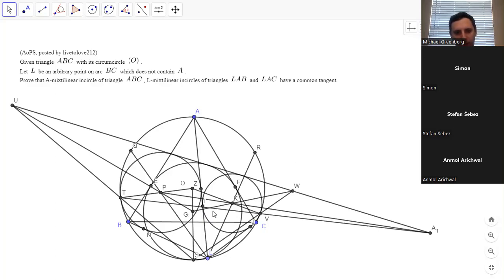Do we have like a harmonic conjugation somehow? Because we have, let's see, this, this. Let me try something here.